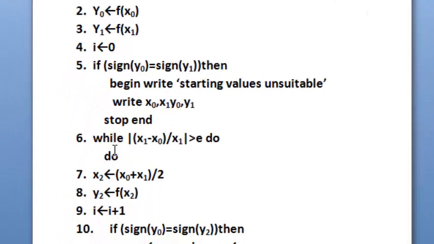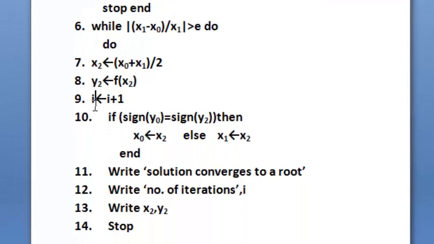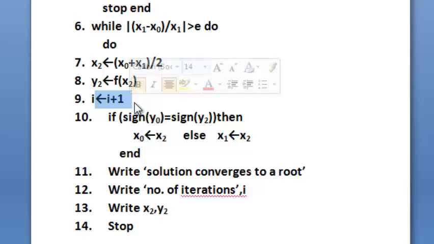Now we check the while condition: while mod of (x1 minus x0) divided by x1 is greater than E, which is our standard error, 0.0001, we put the value of (x0 plus x1) divided by 2 into x2 and the value of f(x2) into y2. Then we increment the iteration by 1.